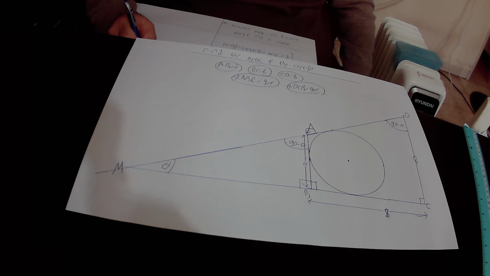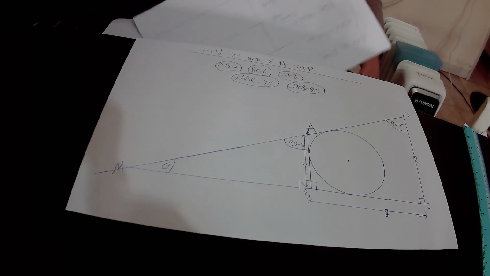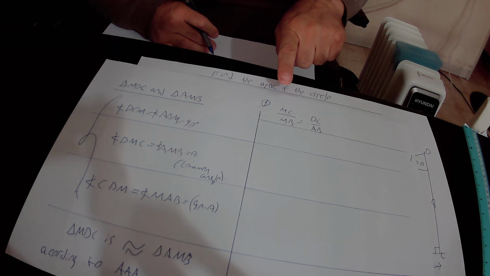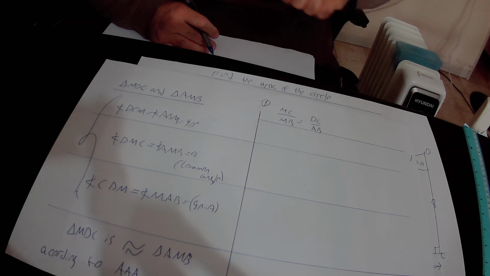I'll repeat again: MC over MB is equal to DC over AB.